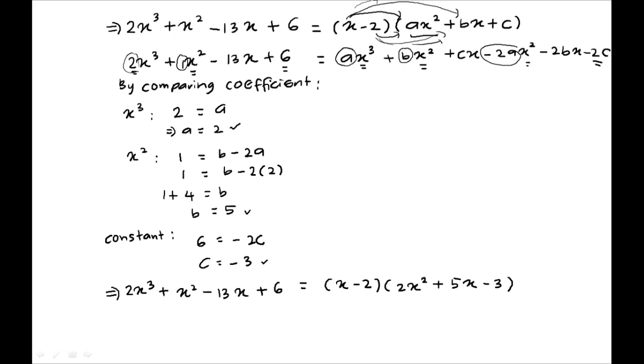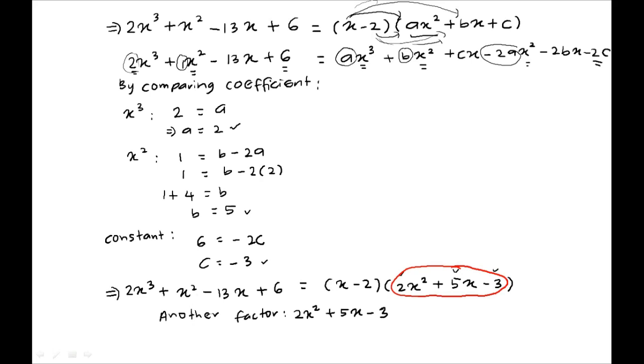Okay, so now this is our equation. But the question asks, show that f(x) has another 2 real roots. So our other factor is 2x squared plus 5x minus 3.